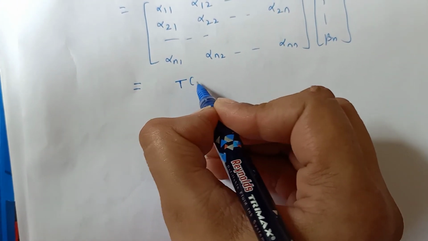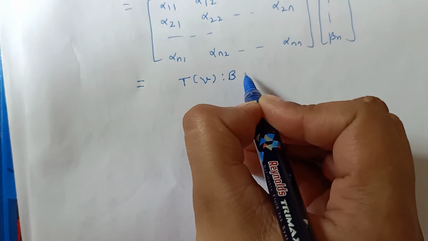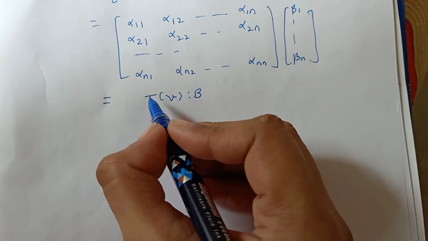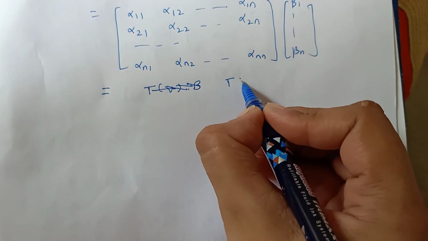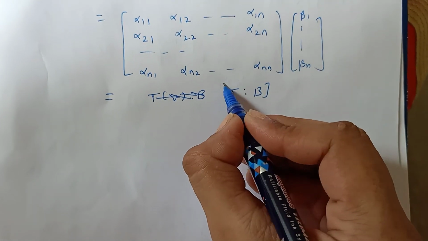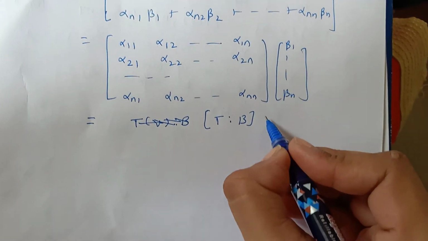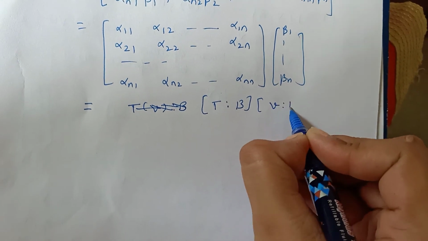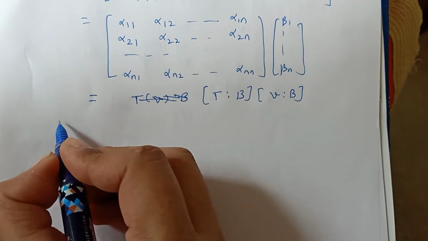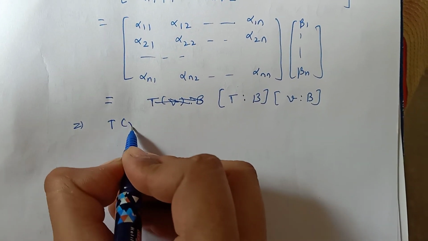So putting both the values here, we obtain, this is the matrix of T of V with respect to b, this is the matrix of T with respect to B, and this beta 1 to beta n is the matrix of V with respect to basis B. So that was all needed to prove.